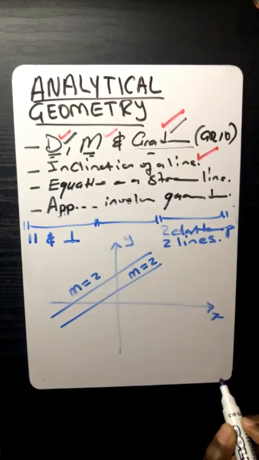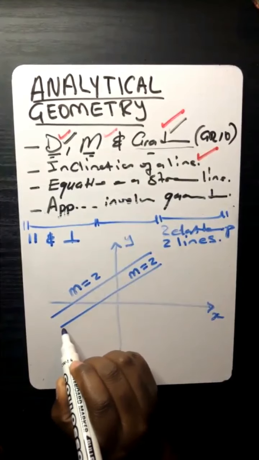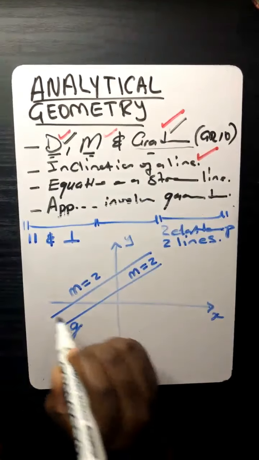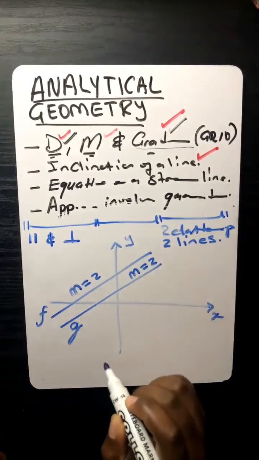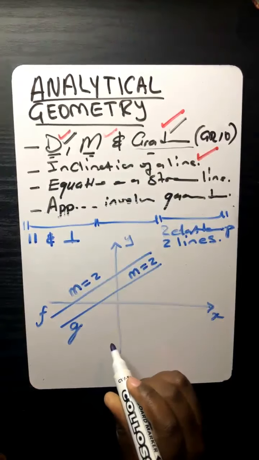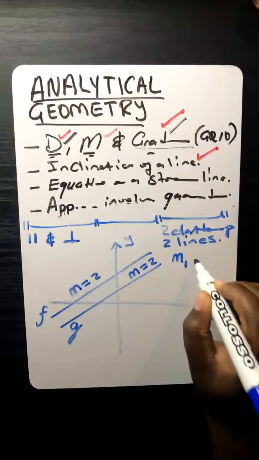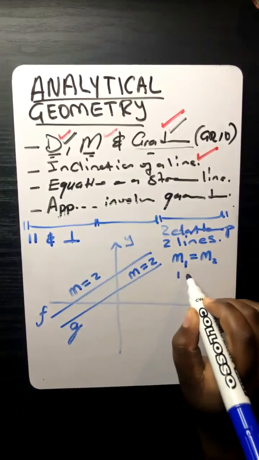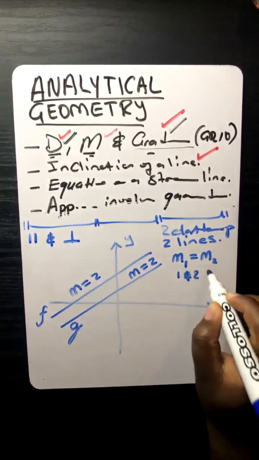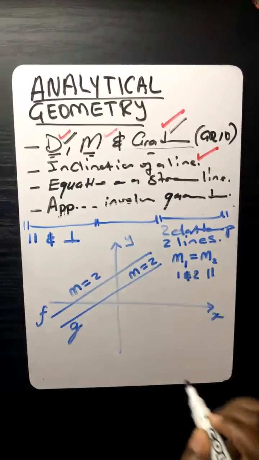Then we can conclude that the graph of g and the graph of f, these two lines, are parallel to each other. So if gradient 1 is equal to gradient 2, then lines 1 and 2 are parallel lines, which means that this line and this line are parallel.